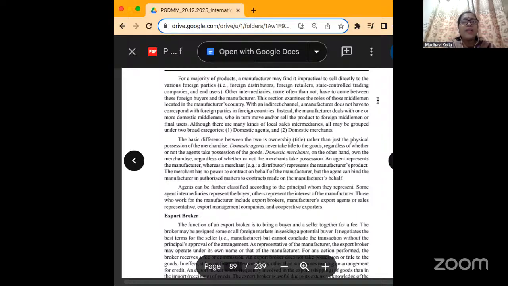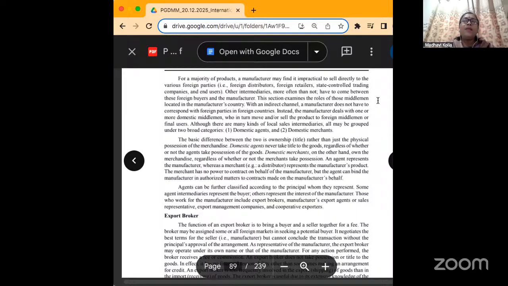So unless that happens, the fundamental difference between an agent and a merchant, as we have understood by now, is that agents don't take title to the goods, but merchants take possession of the goods, or even if they do not take possession directly, they are taking title to the goods.